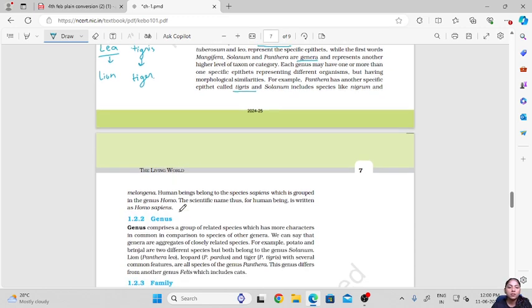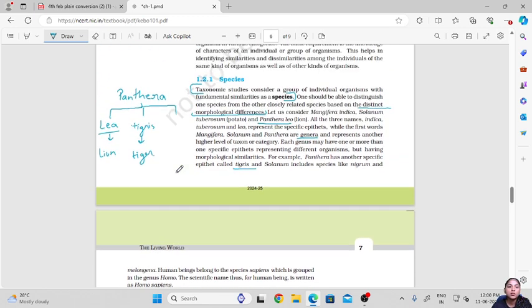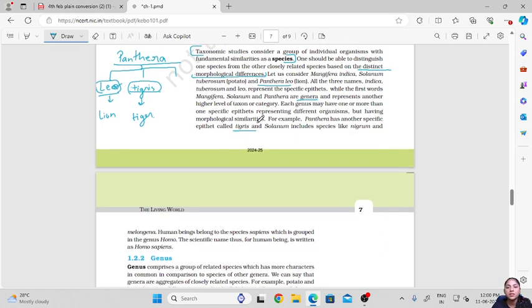So the genus Panthera has more than one species, and both Panthera leo and Panthera tigris are easily distinguishable based on some distinct morphological differences.